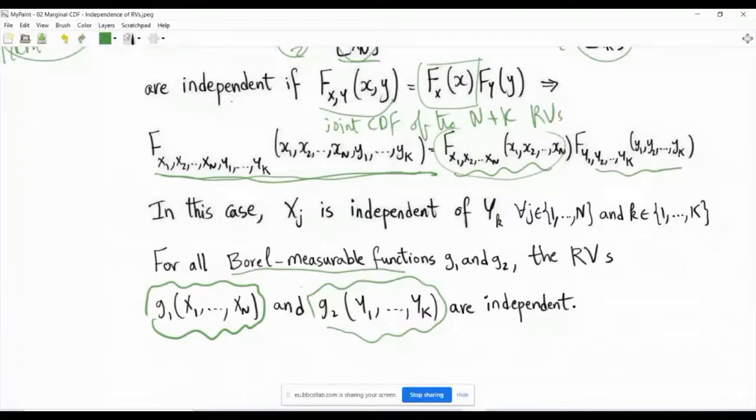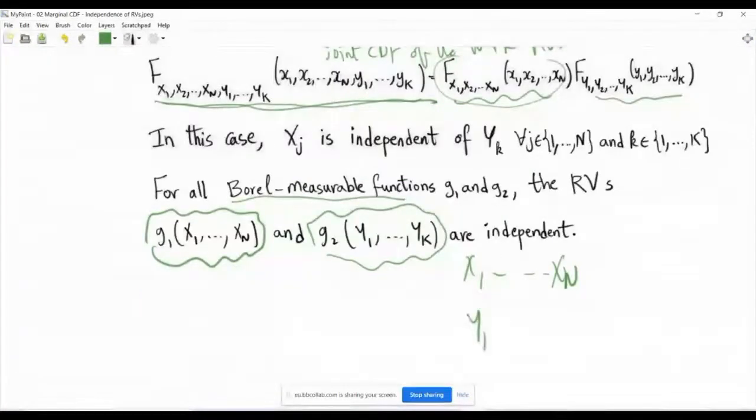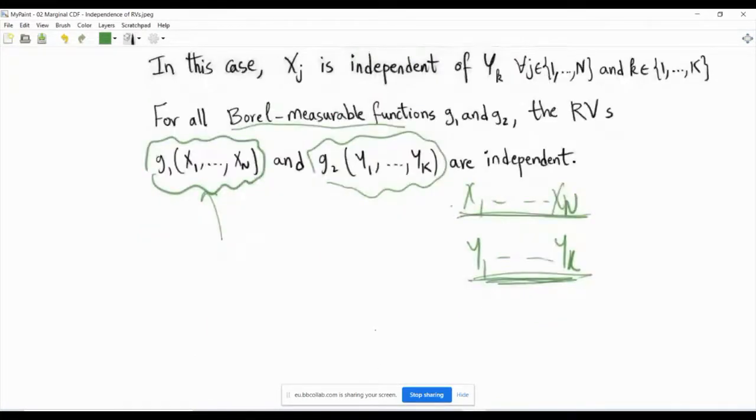So for us, if you have x's and y's, and the random vector x composed of those random variables is independent of the random vector y, composed of those other random variables, then if you apply a function to the x's and another function to the y's, the functions are independent.